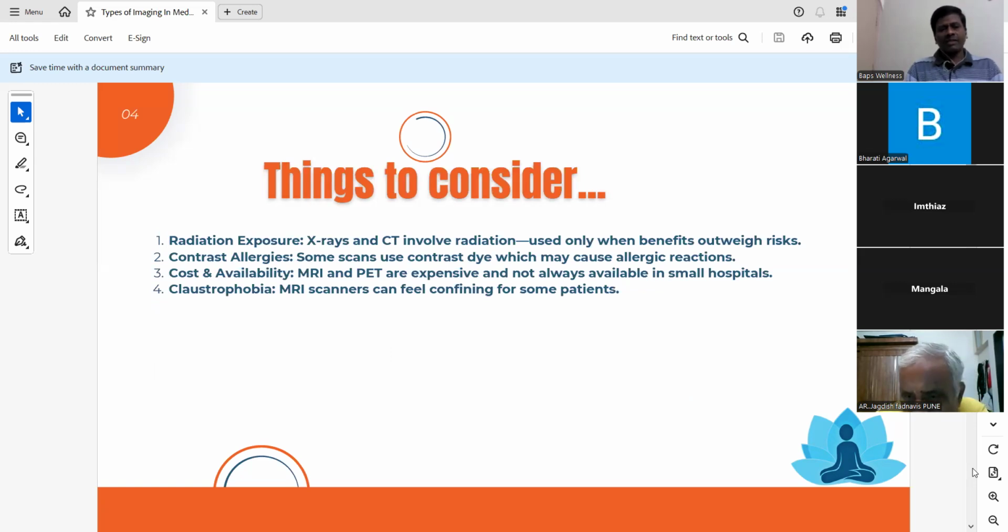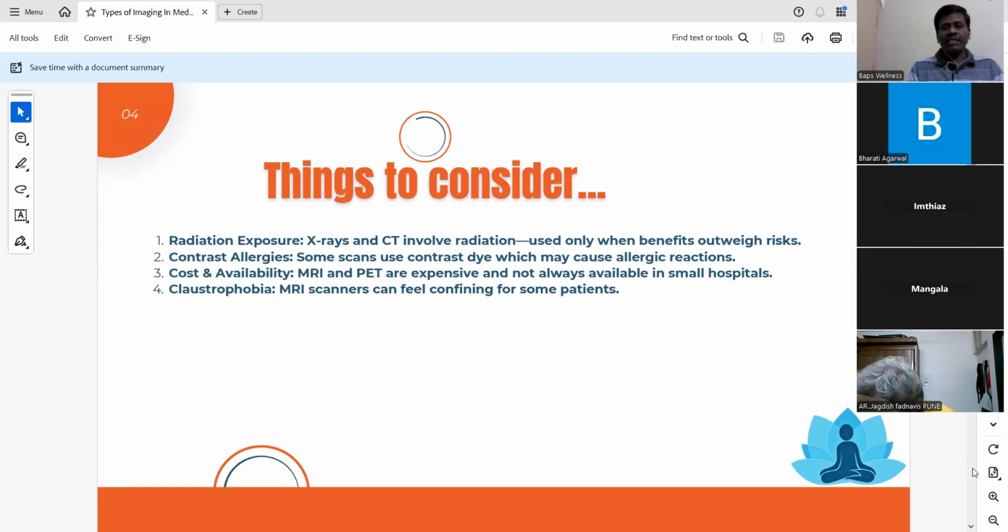So in medical imaging, what are the basic things normally to be considered? One is radiation exposure. It's a very, very important one in medical imaging. Radiation exposure will definitely cause some effect in the body.